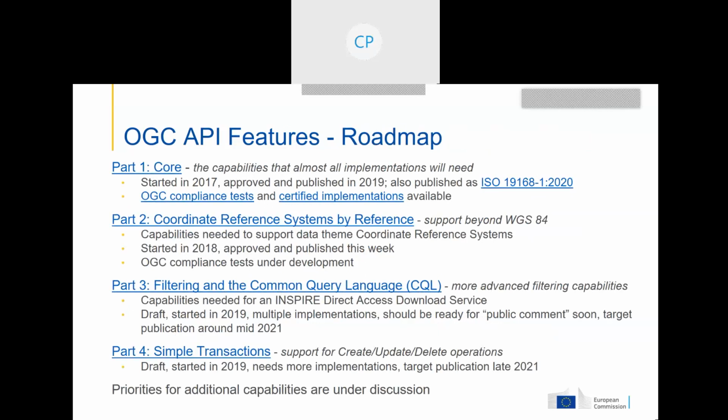To give you an overview of the existing parts. So part one is the only thing that is used right now in the good practice. That is the core, basically the capabilities that almost all implementations that want to share features over the web will need. So that's significantly less than, let's say, what WFS 2.0 had, but it's also much easier to implement.